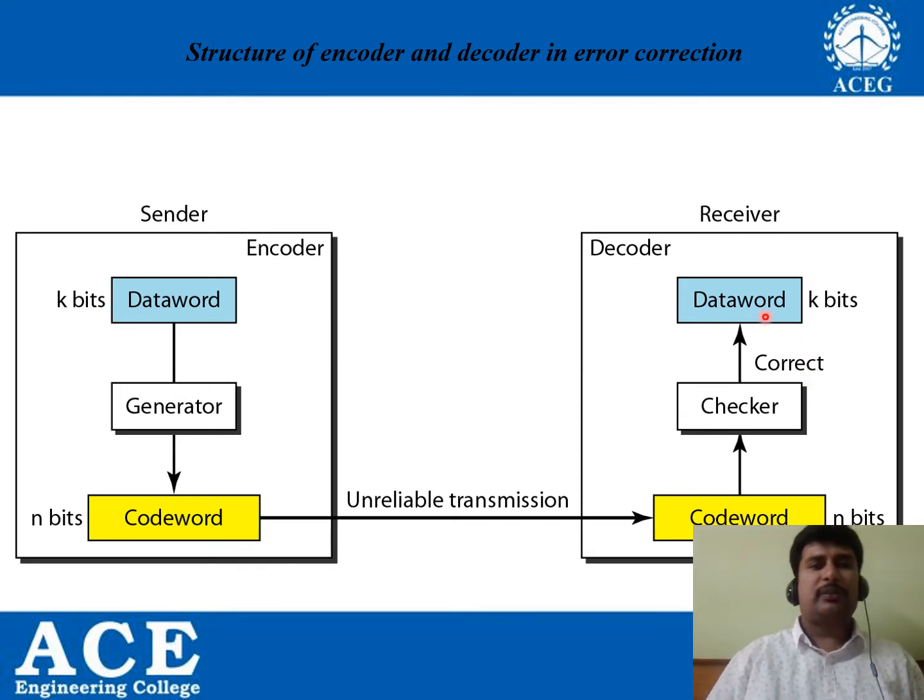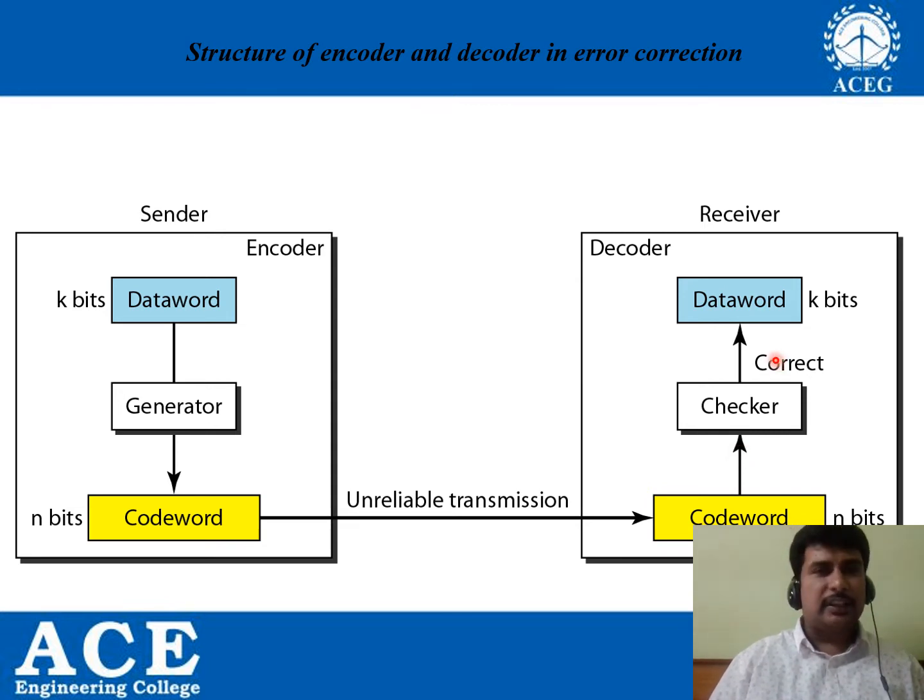Now coming to the next process called error correction, whenever an error has been detected by the checker circuit. So till this point, the process is the same. The message is divided into smaller units called data words, redundant bits are added to the data words and converted to a code word, transmitted from the sender to the receiver, and at the receiver end forwarded to the checker circuit. At the checker circuit, if there is no error, it will be forwarded to the next layers.